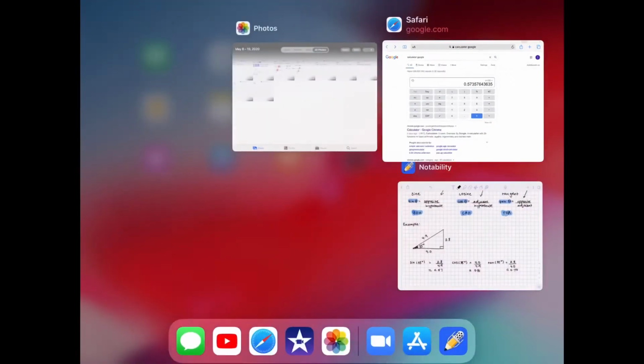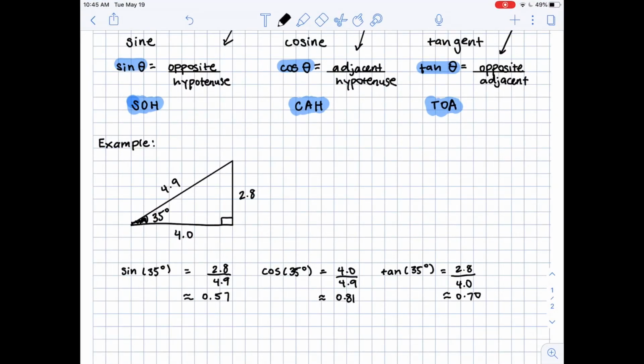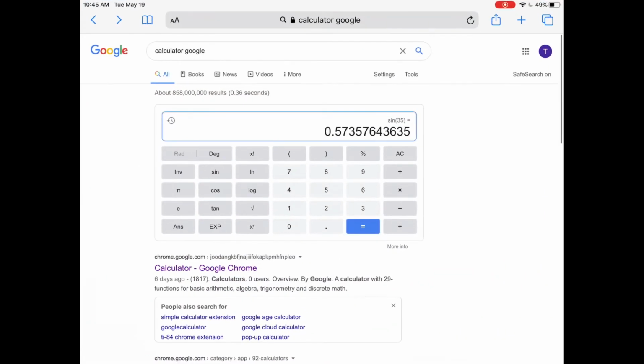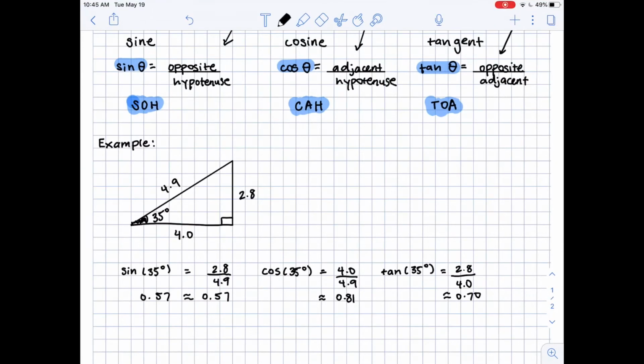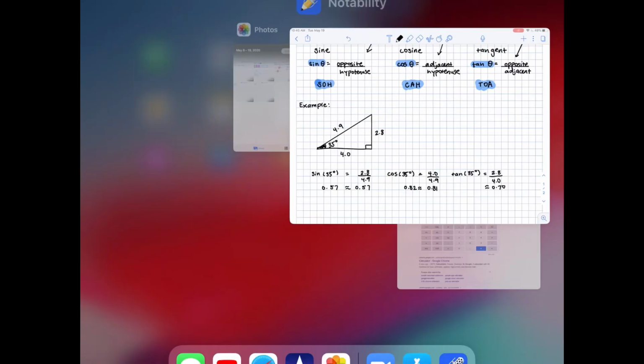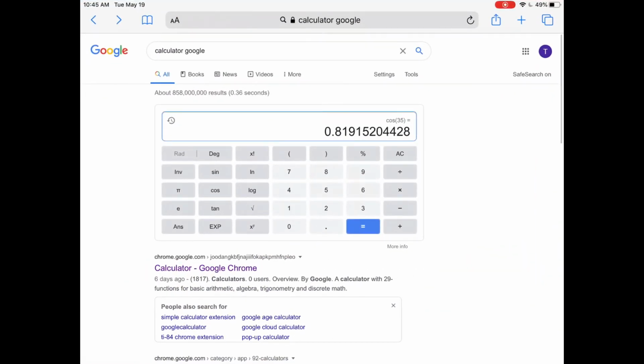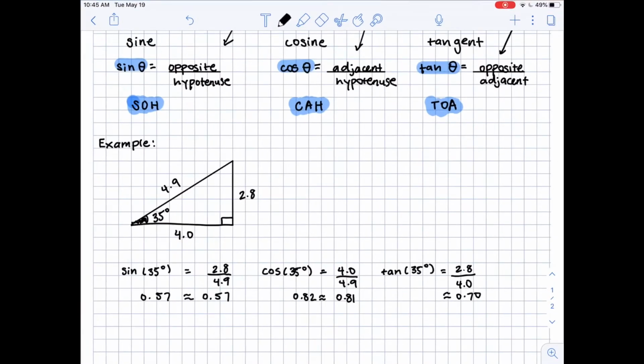Let's round to the nearest hundredths, 0.57, which is what we got. Next one, cosine of 35 degrees equals 0.819. Okay, and tangent of 35 degrees, 0.70.